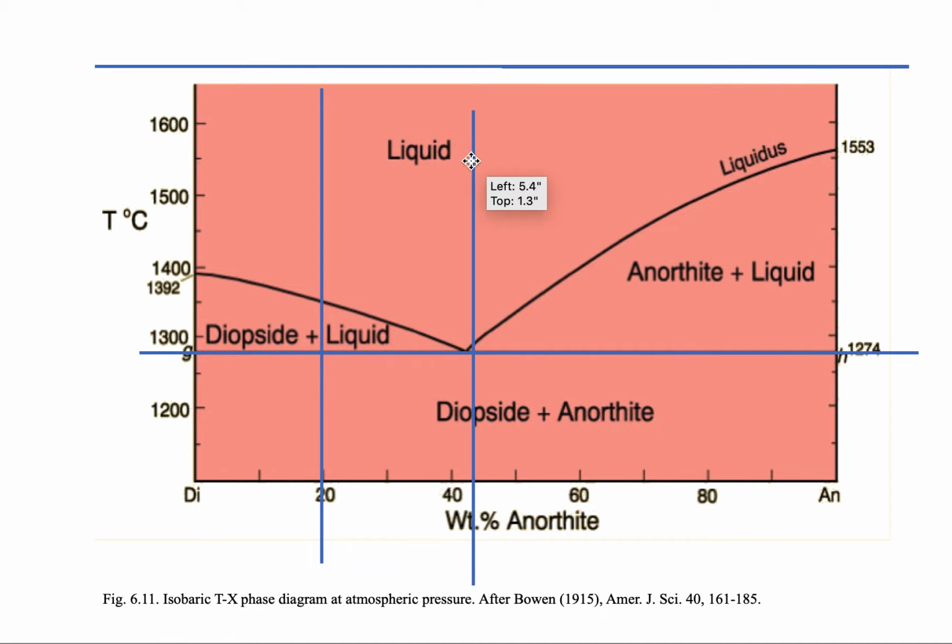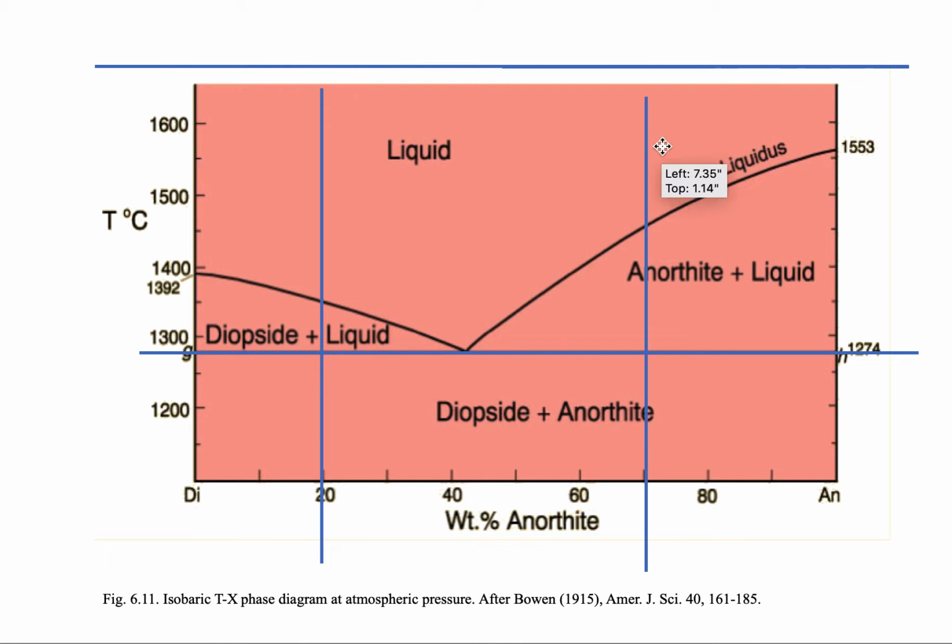So the very last liquids that we would have are of that composition, and that would go for the same example that we had over here. We started over here in our other example where we make anorthite crystals. If we draw anorthite out of the system, then the liquid gets forced to the left. It becomes more diopside rich because anorthite is being subtracted out of it. And the liquid would follow this liquidus curve until the very last liquids we would have are at the eutectic.